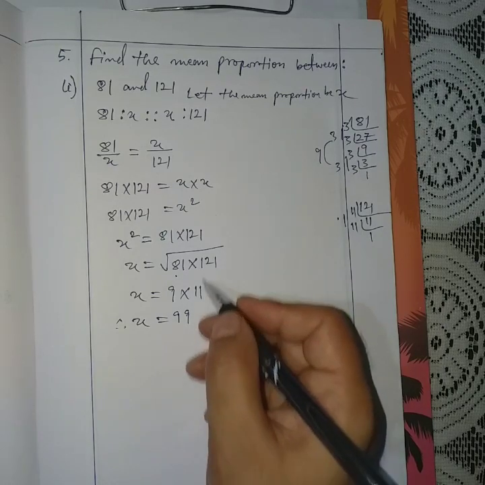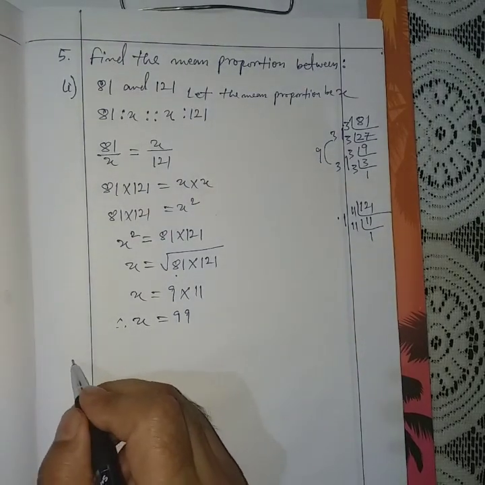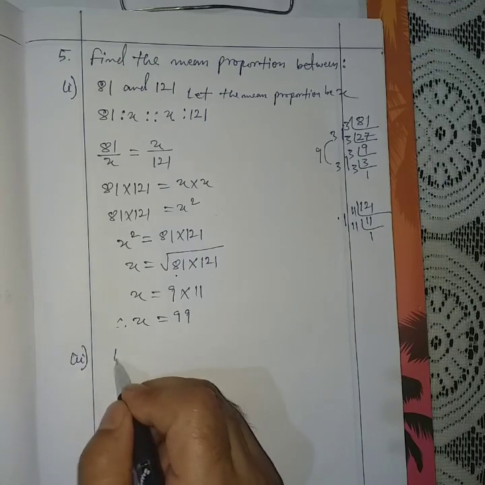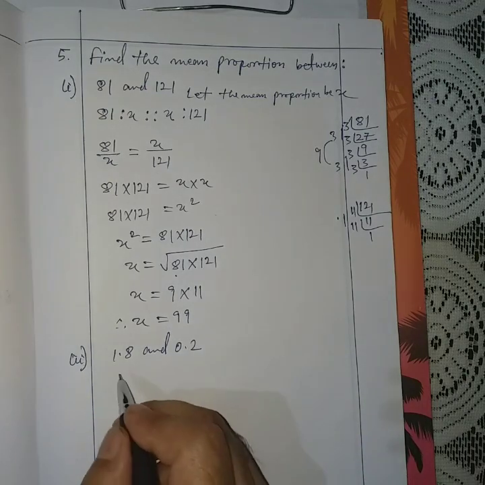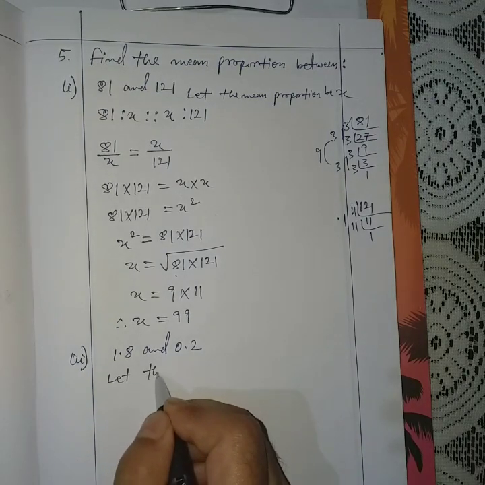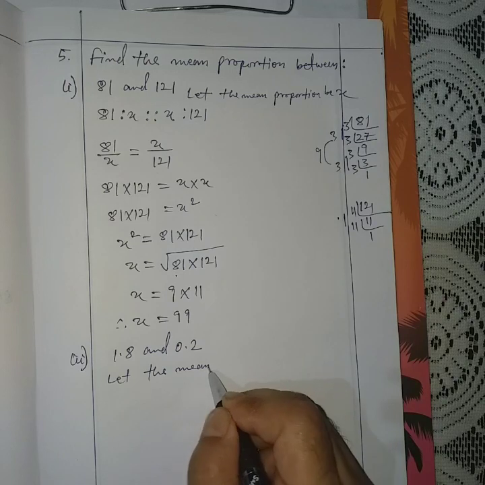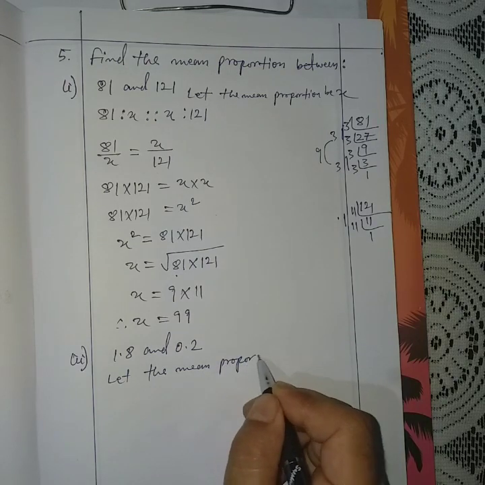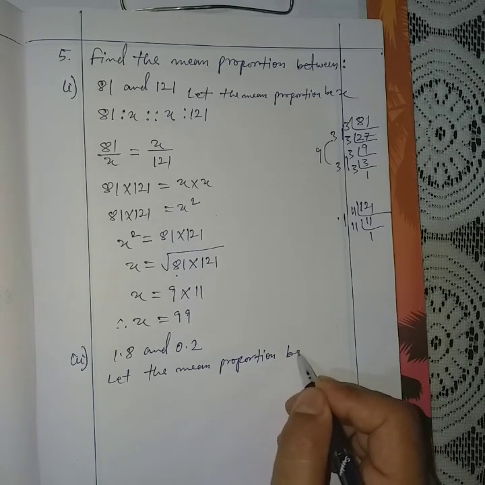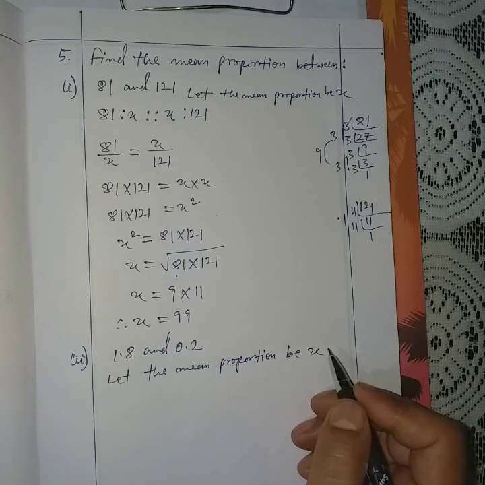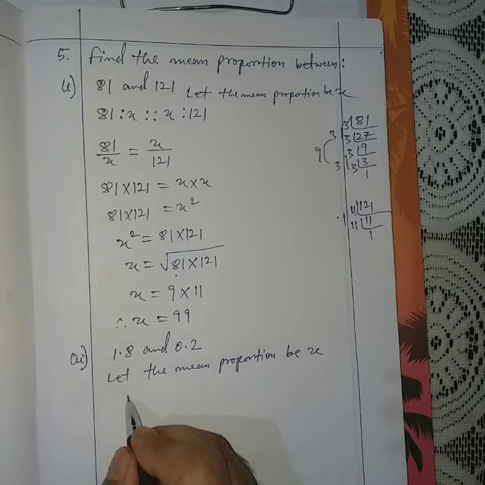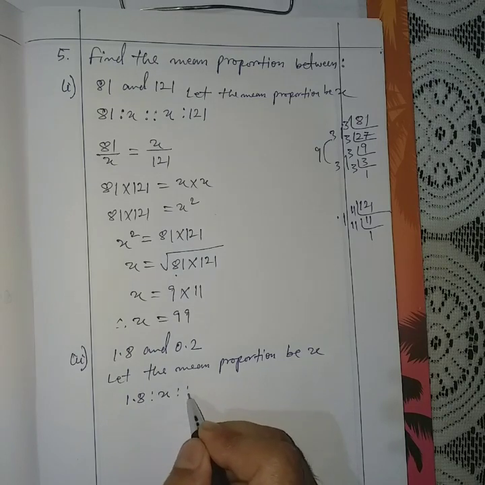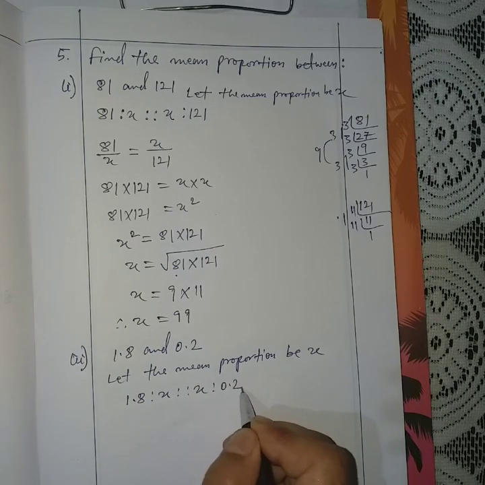You can revise this. Question number 2: 1.8 and 0.2, we have to find the mean. So let the mean proportion be x, and 1.8 is to x as x is to 0.2.